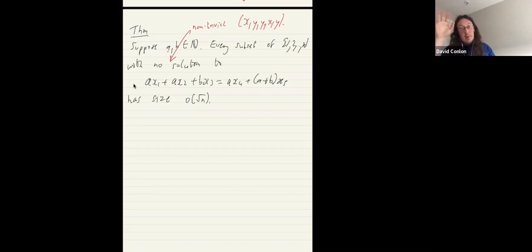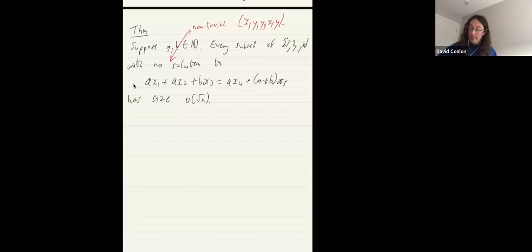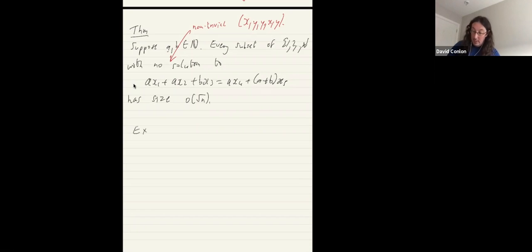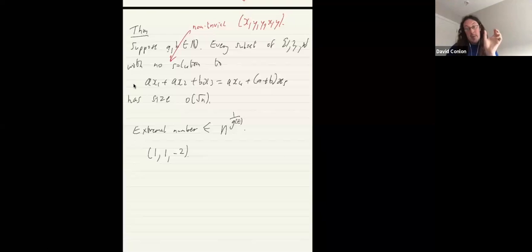Now this is related to some results of Ruzsa. Ruzsa in the early 90s has a couple of papers on solving linear equations. And there he defines something called the genus of a linear equation. And he shows that the extremal number of an equation is less than or equal to n to the 1 over the genus of the equation. And the genus is just the number of parts that you can separate the coefficients into such that each part adds up to 0. So for example, Roth's equation is just 1, 1, minus 2, and there's just one subset that sums to 0.